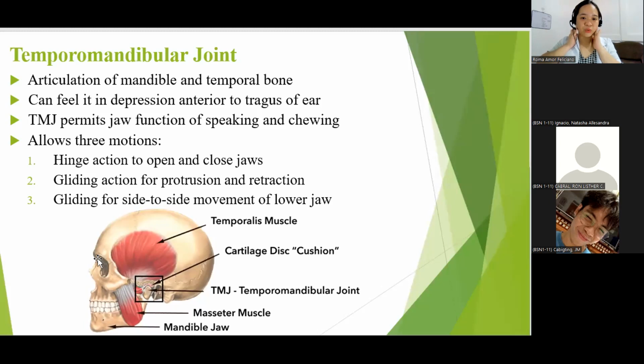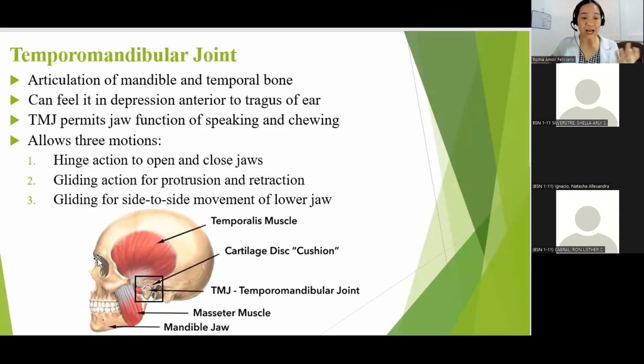This is allowing you, the TMJ or the temporomandibular joint, this allows you to speak. Kaya ka nakakapagsalita because of the joint that you have here. Nagagalaw mo ang iyong bibig, na-open and naka-close mo ang iyong bibig, at nakakakain ka, nakaka-chew ka. So these are the three motions.